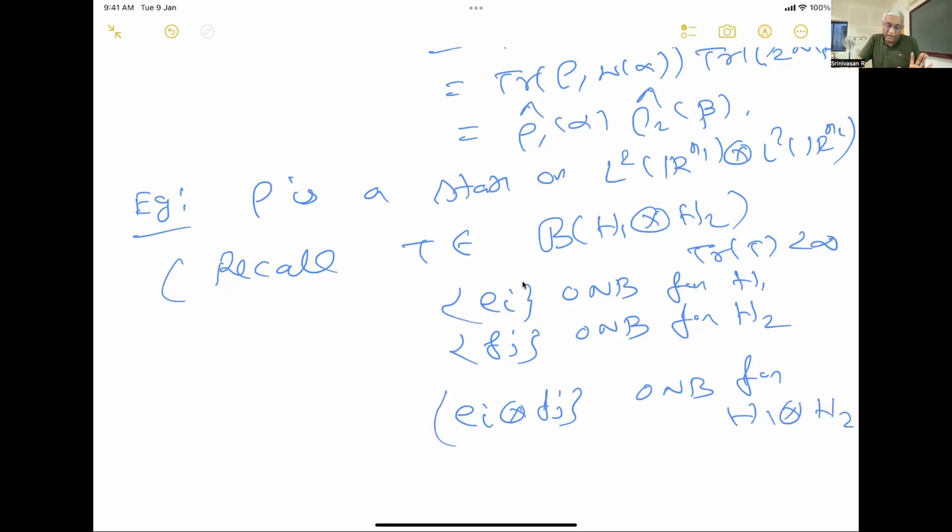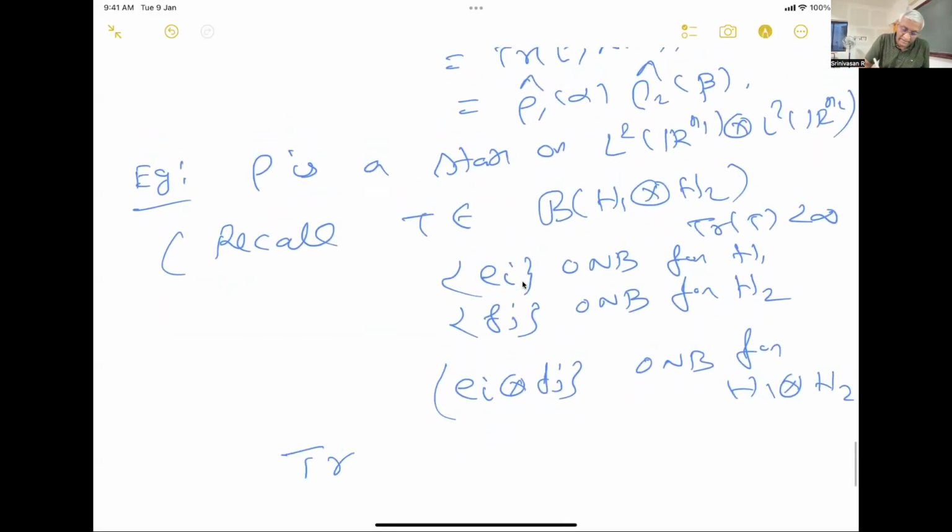Now you will have a matrix indexed by (i, j) pairs. Now you have an operator T on H1 tensor H2 and you want to get an operator on H1. For us, the relative trace is defined by that property: trace of X tensor 1. We had a property, no?